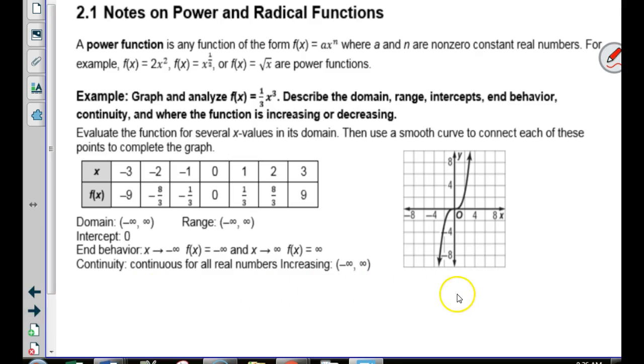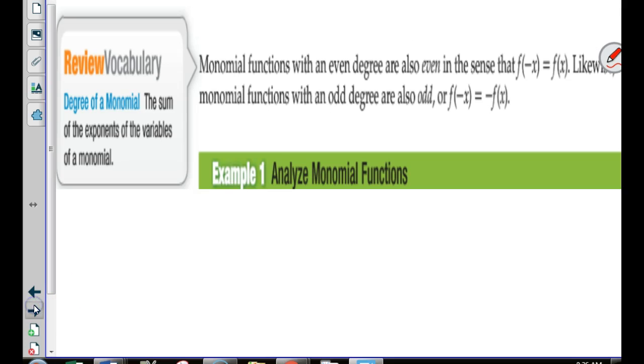When we start talking about negative exponents, then we're going to get some continuity concerns. All right, so I'm thinking I don't even need to talk about this one. You would plot some points, okay? We're not going to be real super accurate today on sketching these, by the way. All right.